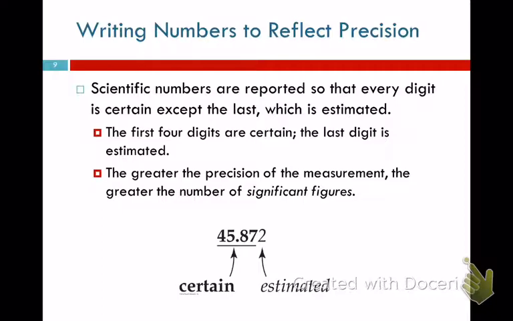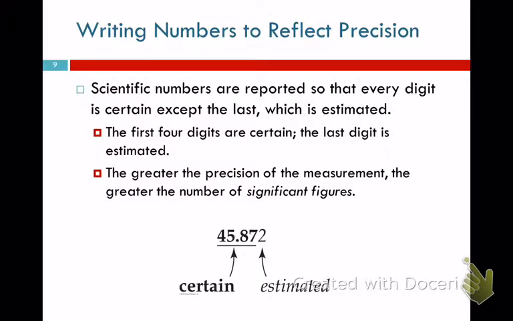When we record numbers as measurements, we record every digit, including the first one that you don't know for sure. Because this could be plus or minus 0.001. So we talked about precision before as plus or minus 0.1.